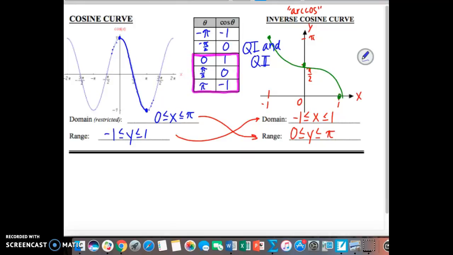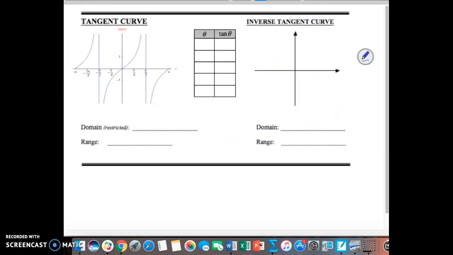So this is what our sine and cosine, or arc sine and arc cosine curves look like. So moving on to the tangent curve. Speaking of tangent, when we have a theta of -pi/2, tangent is undefined at that point.